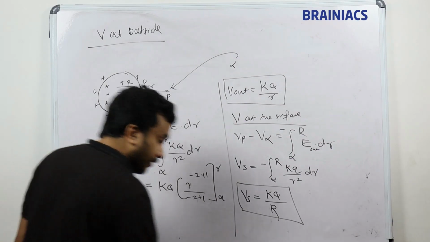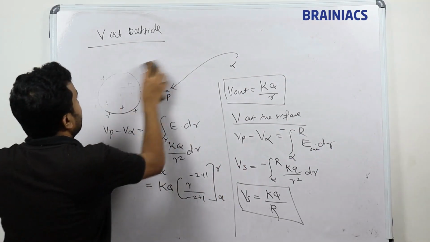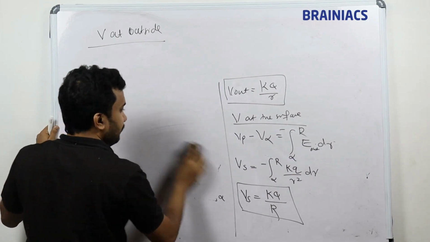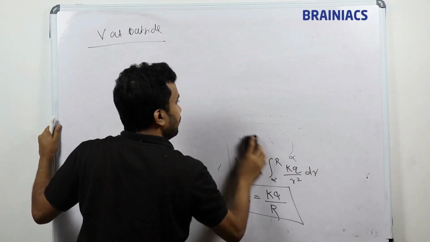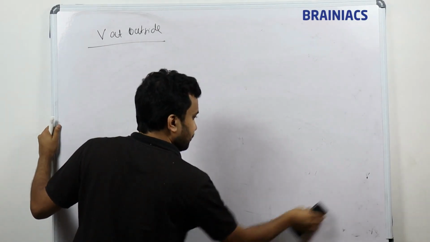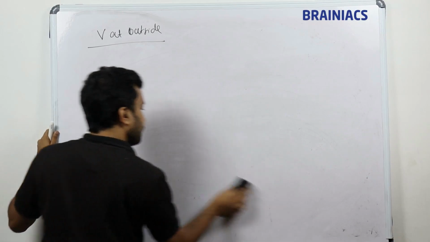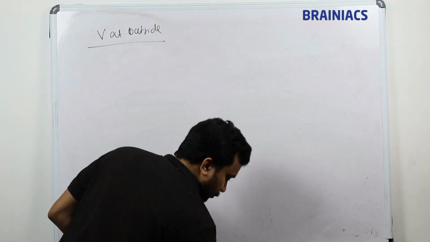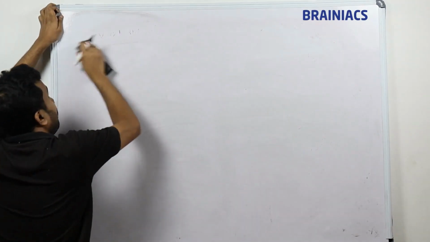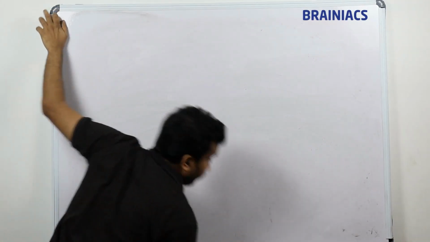Now we will see the graphical representation of this. We are going to find out how the potential changes with respect to distance for a solid non-conducting sphere.